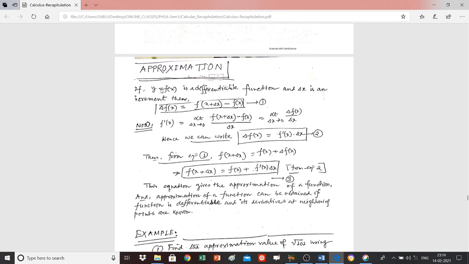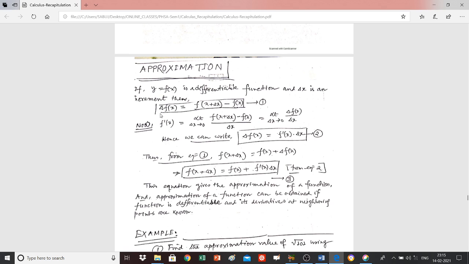If you are given a function y is equal to f(x), and this function is differentiable, and if x is incremented by an amount delta x from x, then the increment of the function f(x) is given by delta f(x). In this case the initial value was x, and then x is incremented by an amount delta x. So now the value of x is x plus delta x. So the function should definitely be incremented in this case.